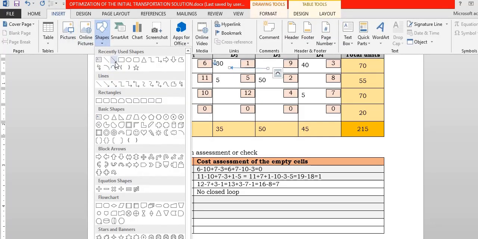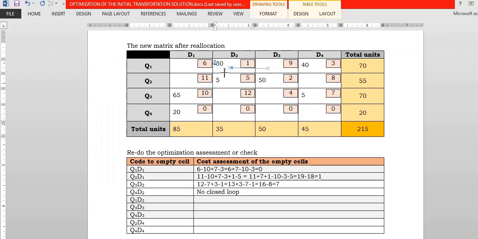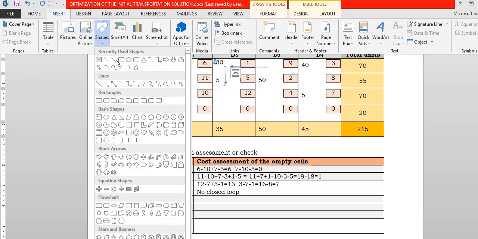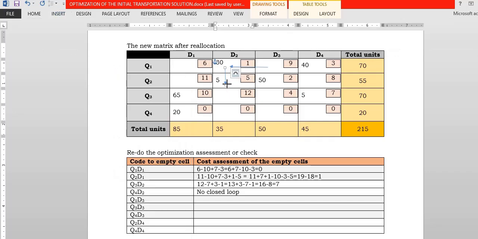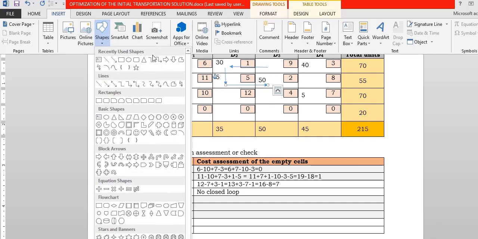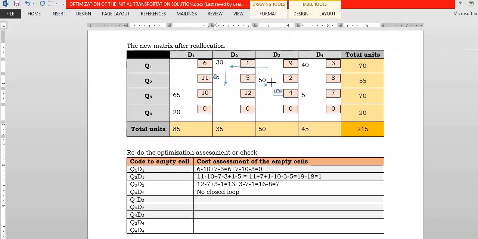Then we have the one going down up to here. Then we have the one going to the right up to here. Then finally upwards.